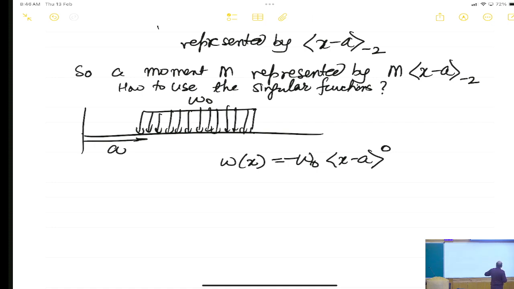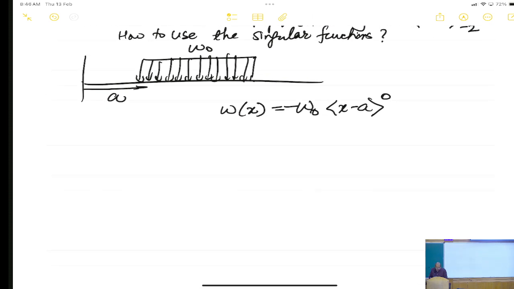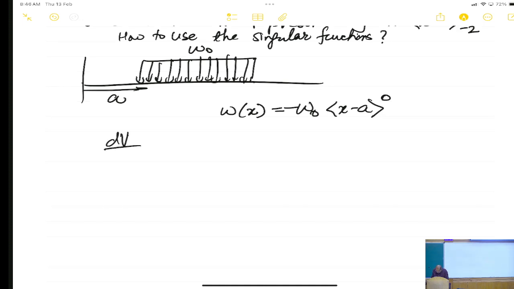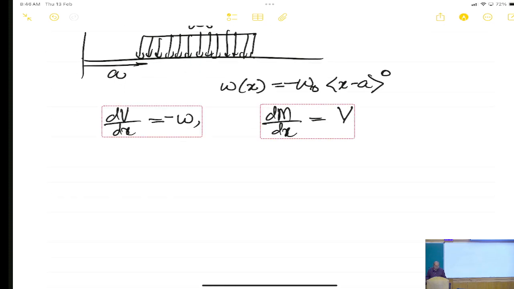So, therefore, we can use this loading, and then dV by dx is equal to minus w, dM by dx is equal to V. So, we can use this sort of a thing.